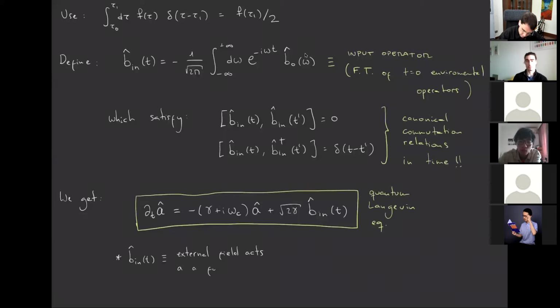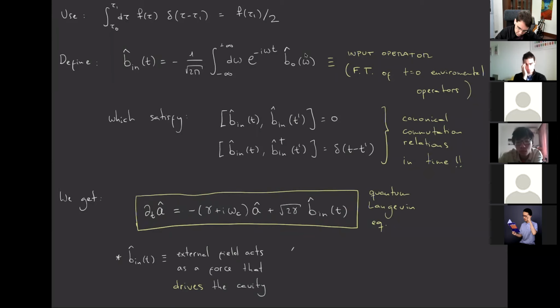And this is the important word in quantum optics: that drives. So it's a driving, an external force driving the cavity. Okay, so we get dissipation, but we also get driving.